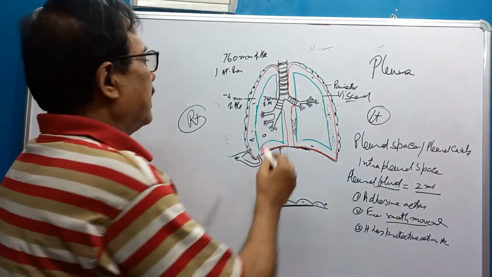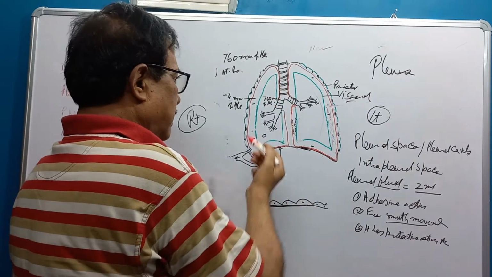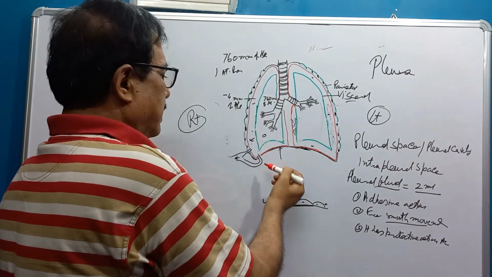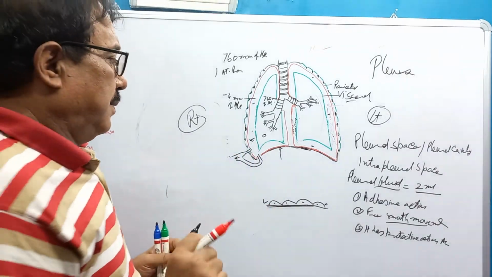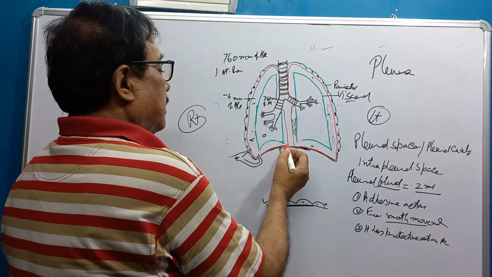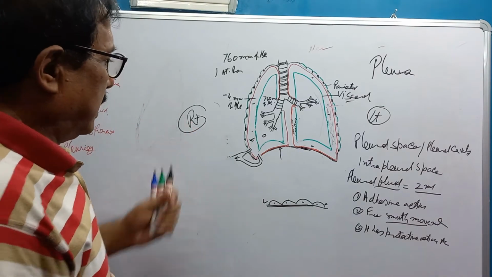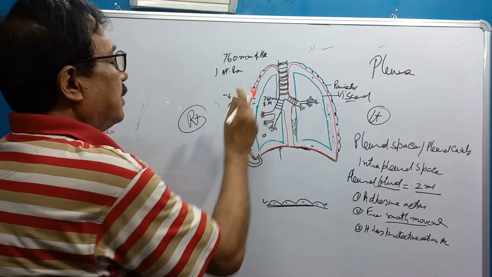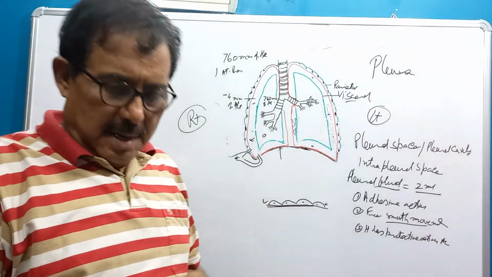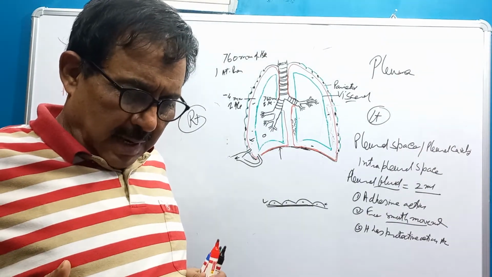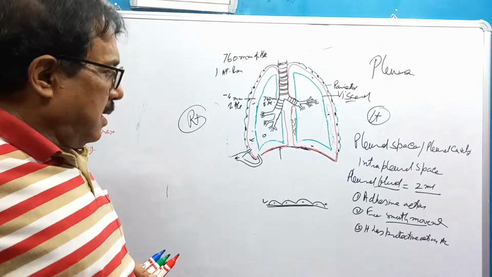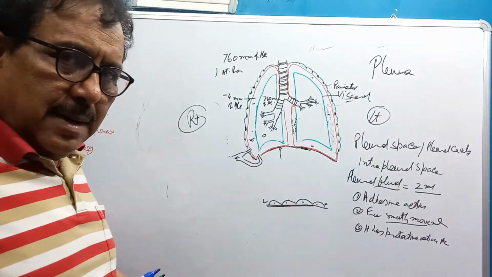It is very much adherent with the inner side of the thoracic wall and the thoracic side of the diaphragm. This is very important. When the chest moves outward during inspiration, what happens? During inspiration, the ribs will move upward and outward.